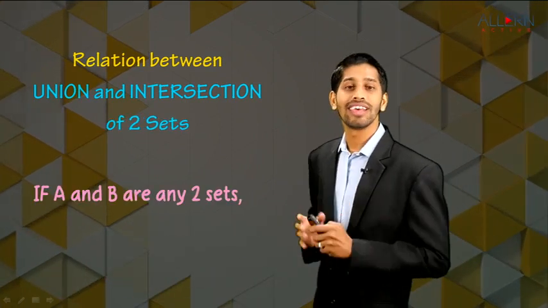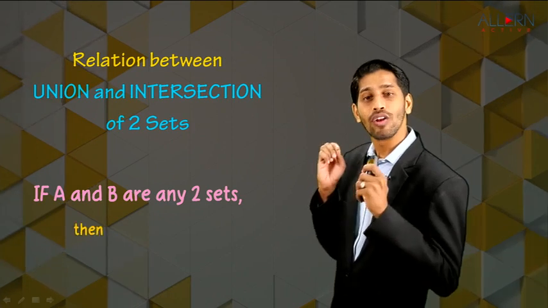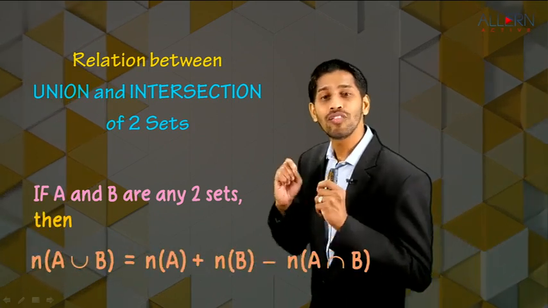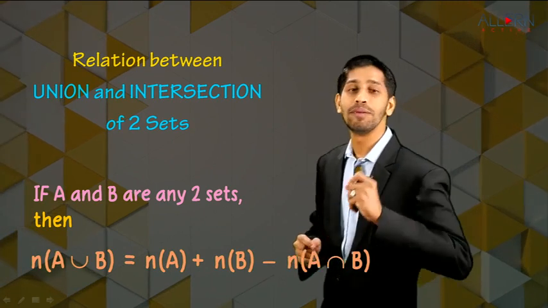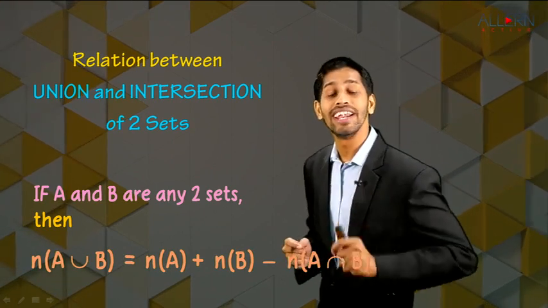So if 2 sets are A and B, we can always say that n of A union B is equal to n of A plus n of B minus n of A intersection B.